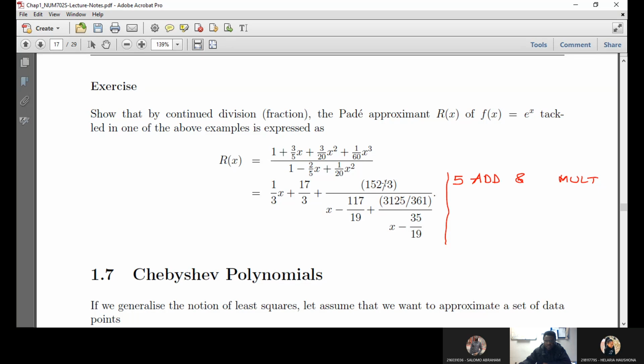Because this was just a simplified form, but actually this 3 should multiply the term inside. Because we know that this expression will be of the form ax, theoretically, this is another multiplication, and this is another multiplication. So there will be 1, 2, 3. 3 multiplications.